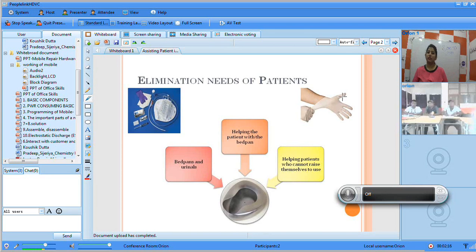So, when a person needs to urinate, we can take the patient to the bathroom and help in the elimination process. Some patients are not able to locomote from one place to another. That is, they are not in a position to move from their bed to the bathroom. So, we have to provide them with bedpans.